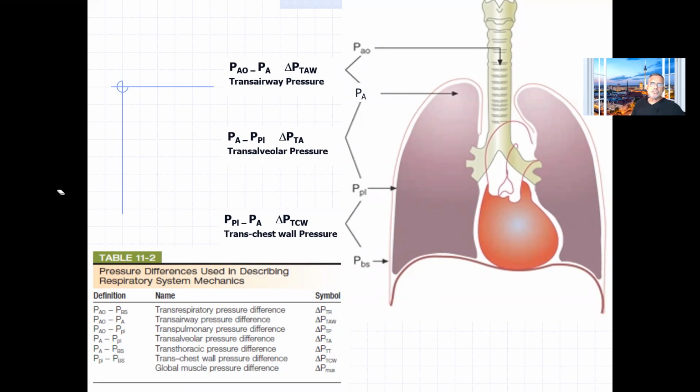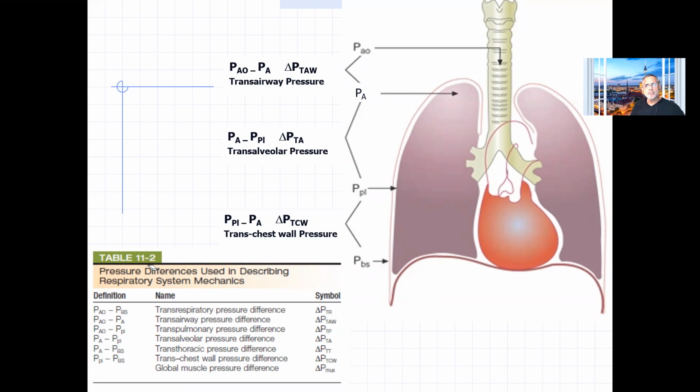Now I want to look at this graphic, which takes table 11.2, and I want to talk a little bit about this. As we're looking at differences in pressure at any given point during inspiration and expiration, we want to look at the relationship of those pressures.